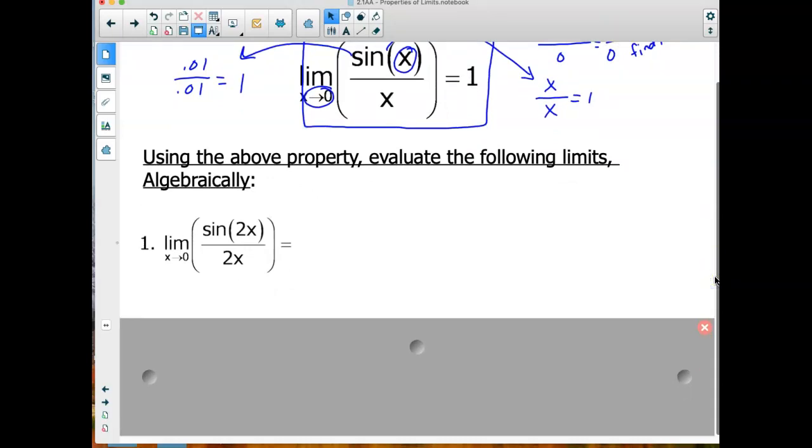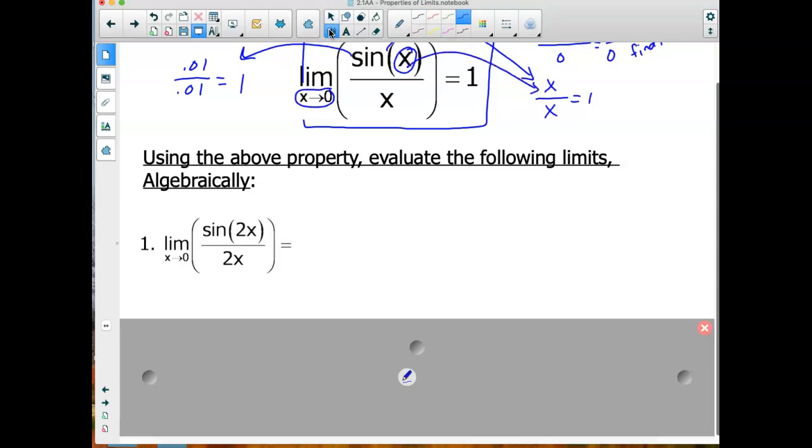Sine x over x. Essentially, if I'm putting a number really close to 0 into the sine function, it's going to output virtually the same thing.